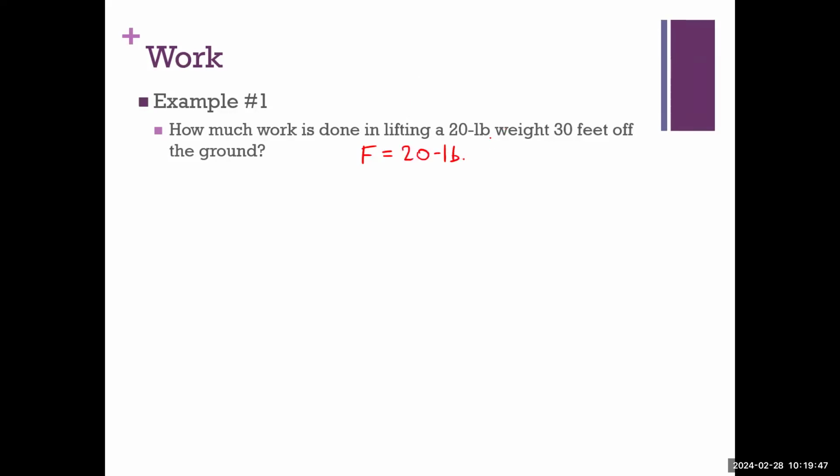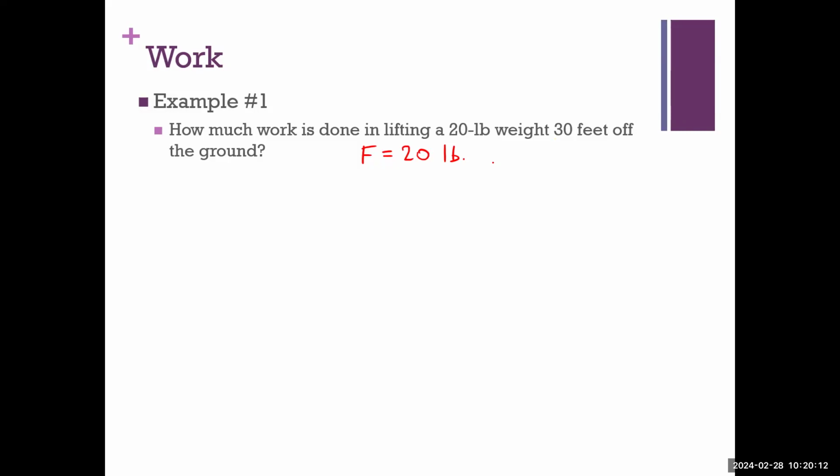Yeah. So this weight has a constant force. Basically, I don't care what the mass is. We're just going off the pounds. So if this thing weighs 20 pounds, what force do I have to put on it to get it off the ground? 20 pounds. To move it at all, I have to put 20 pounds of force on it.